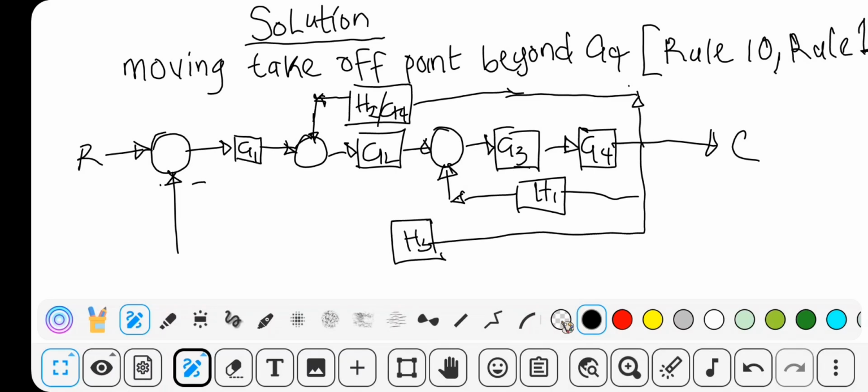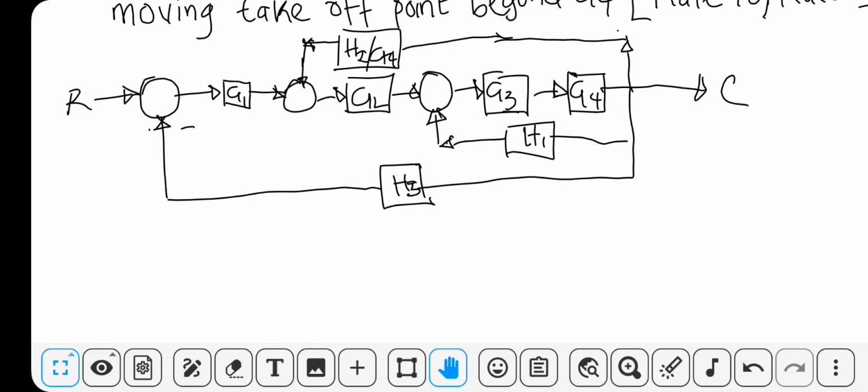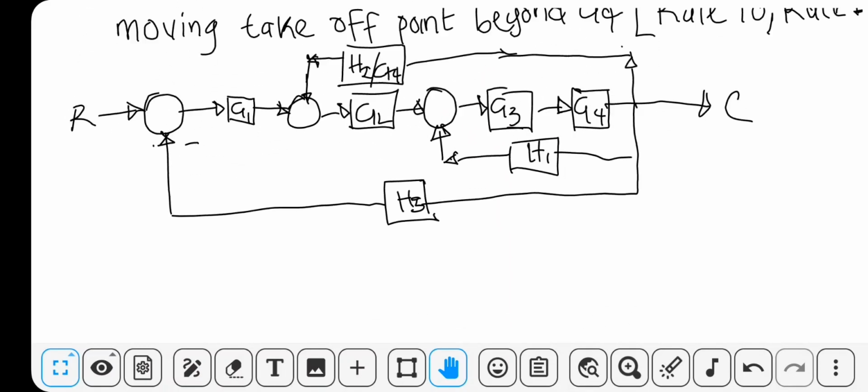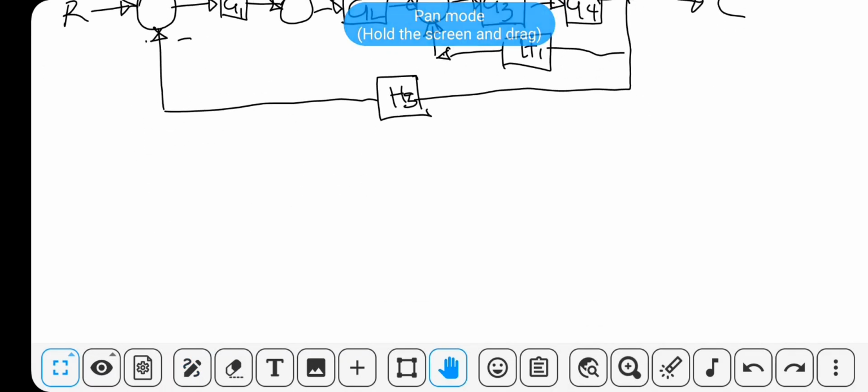So now the second rule from that table I'm going to use is combine blocks in cascade. We can see that from here G3 and G4 are in series, so we can combine them using that rule.